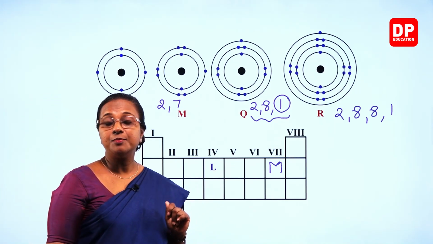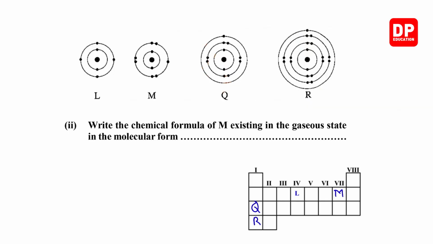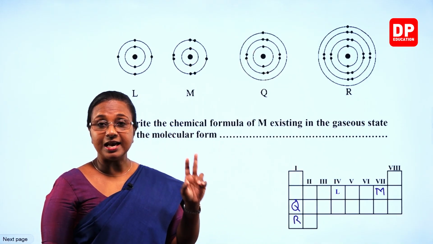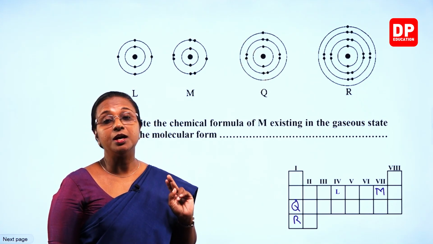With that, students, I'll move on to the next question, part 2. For you all to easily understand, I have already put the periodic table where we wrote the positions, and the elements given to you are given on top. Now the second part: write the chemical formula of M existing in the gaseous state in the molecular form. You all know some elements exist as diatomic molecules.